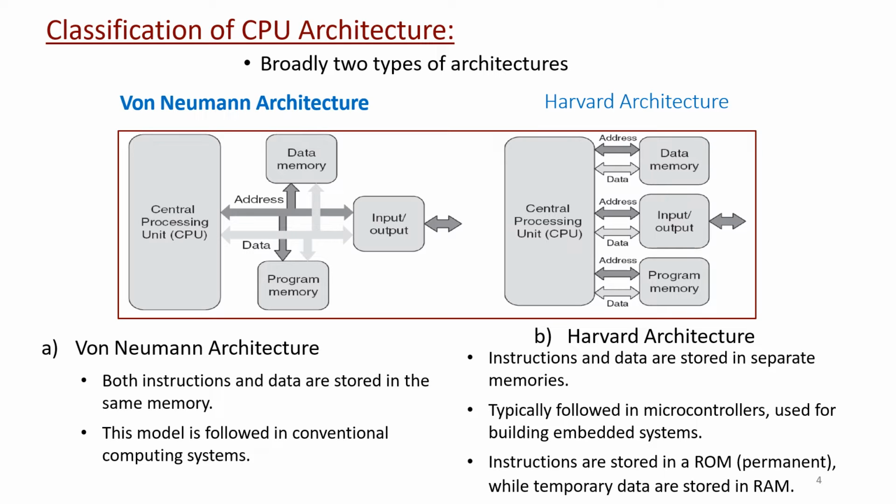So this model is followed in all the conventional computing systems. On the contrary, in the Harvard architecture, instructions and data are stored in separate memories. You can see it here. So separate memories for data and instructions, right?